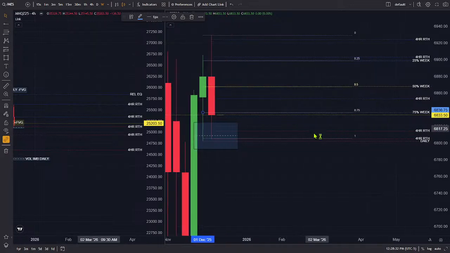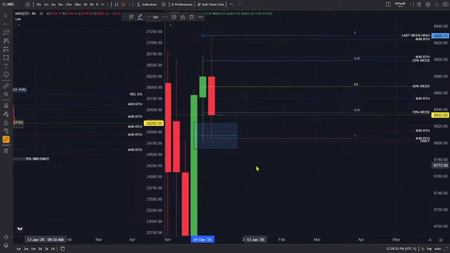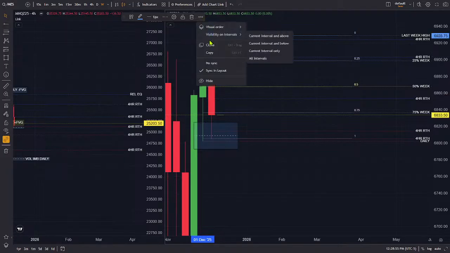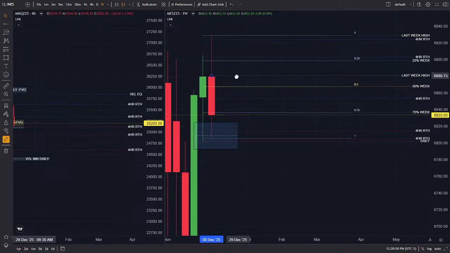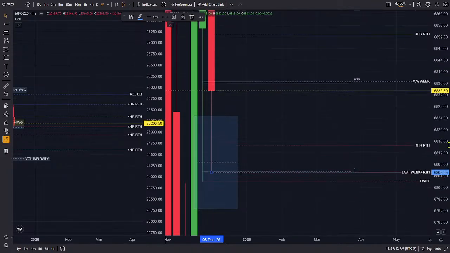And then the highs and the lows of the week I also like to mark. It looks like I got an RTH on there as well. So I might delete the RTH.